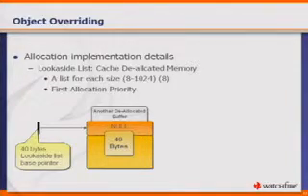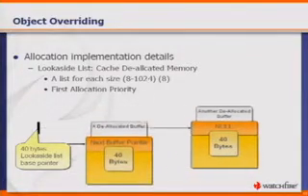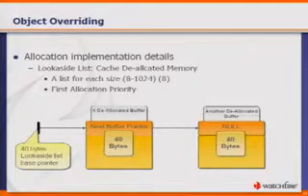So this is an example look-aside list. The look-aside list for 40 bytes buffers. This look-aside list has just one buffer inside it right now. Let's say the application deallocates another buffer in size of 40 bytes. So this is how the look-aside list will look now.